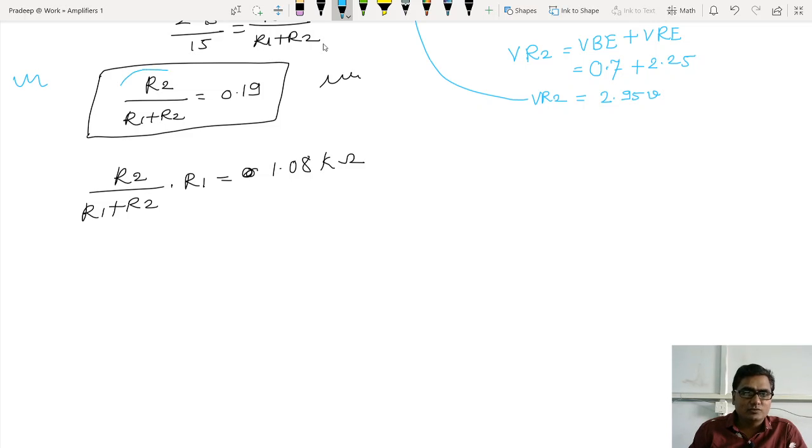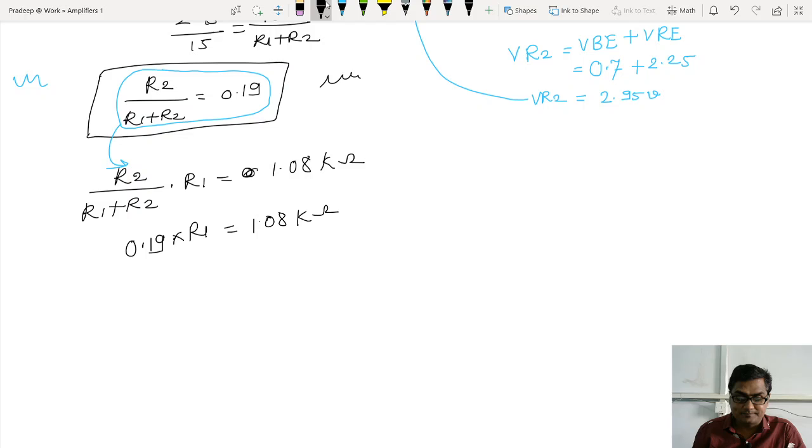Yes, it's working. R2 divided by R1 plus R2 here. It means now the factor, I can write, 0.19 is equal to 1.08 kilo ohm divided by R1. So the value of R1 will be 1.08 kilo ohm divided by 0.19.